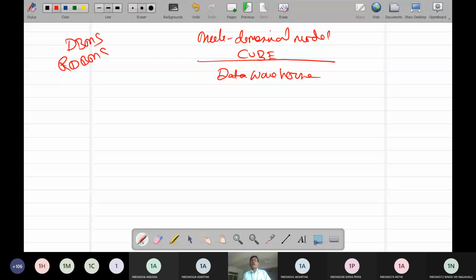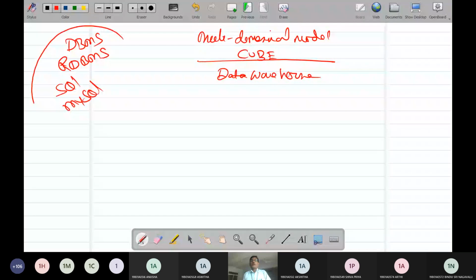But when we talk about a data warehouse, it is implicitly three-dimensional. Here we will have the x-axis and y-axis, and at this point it is going to project with the z-axis also. This is what we observe in a data warehouse.